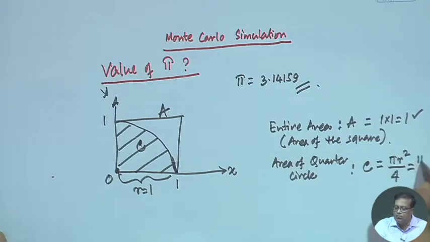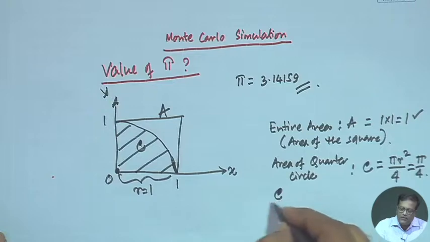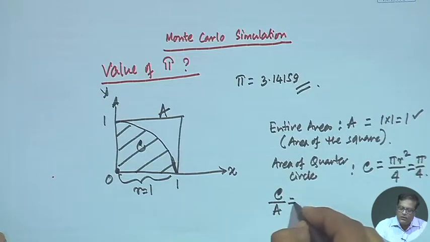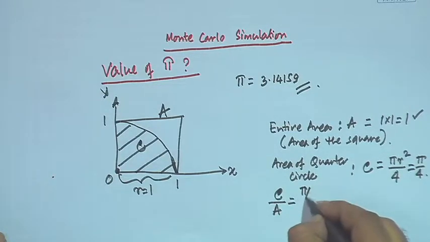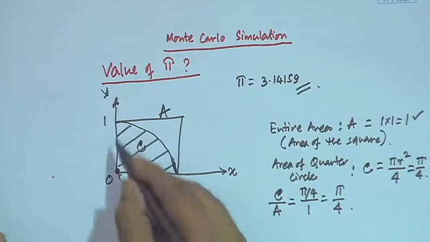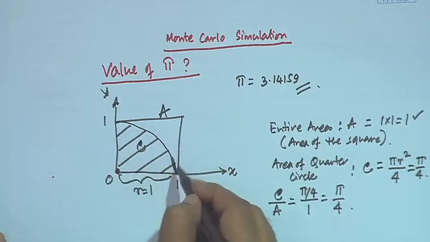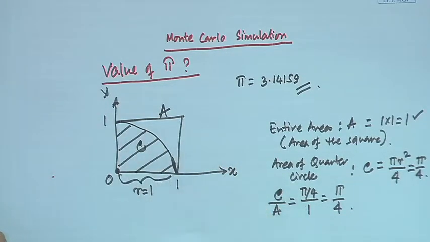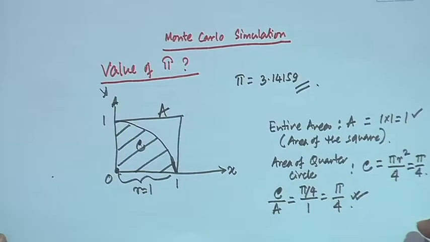So, C equal to pi by 4. So, what is C by A? C by A will be pi by 4 by 1, equal to pi by 4. So, the area C divided by area A is nothing but pi by 4, or pi is to 4. So, the conceptual part is done.